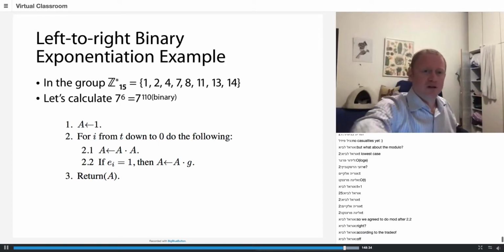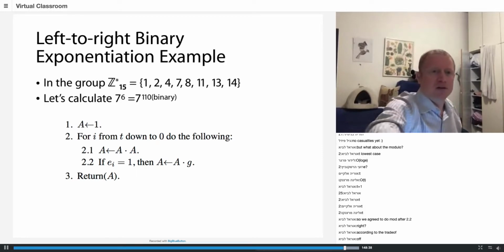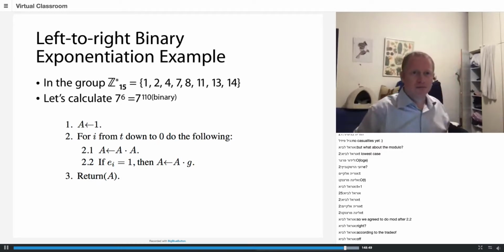It's going to be 1 times 1 is equal to 1. Fine. And then I do 1 times 7, which is 7. And I do 7 times 7, which is equal to 4.